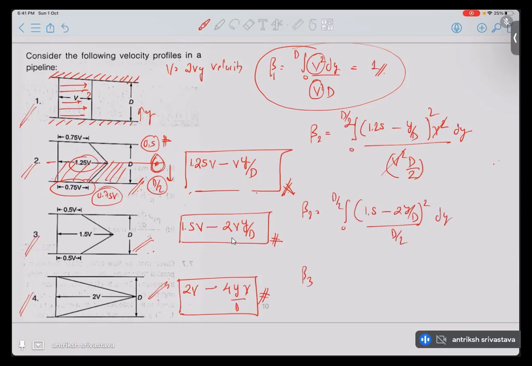And beta 4 will be the integral from 0 to d by 2 of 2 minus 4y by d, squared, dy, over d by 2. Let me check if my d by 2 is correct. Yep. So now we just have to do the integration and we can get our answer.